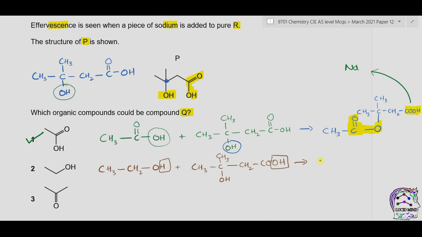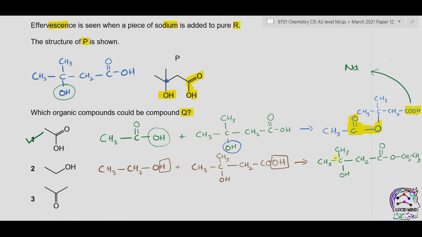The product will be like this. We have CH3, CH3, OH, then we have CH2, then this carbonyl carbon, then we have this oxygen and these two carbon atoms.